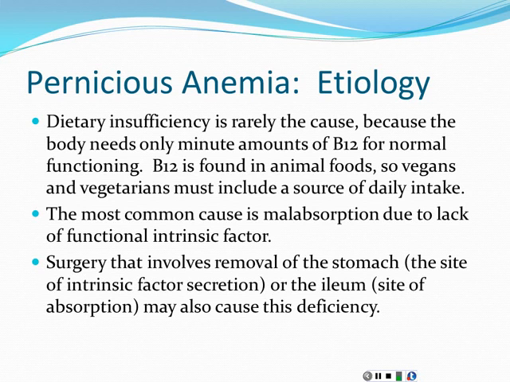The causes there are inadequate diet, so inadequate dietary B12. B12 is kind of a unique vitamin because it is only found in animal sources. So in your extreme vegan, for example, they can actually get into, over the long term, B12 deficiency.